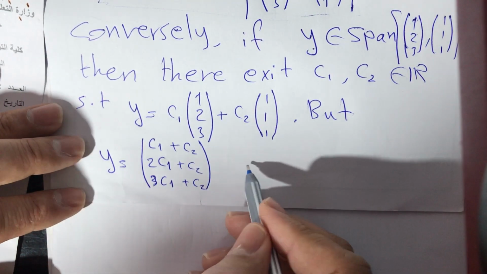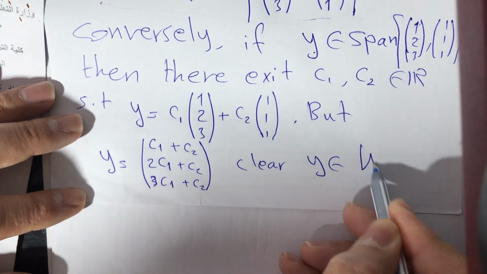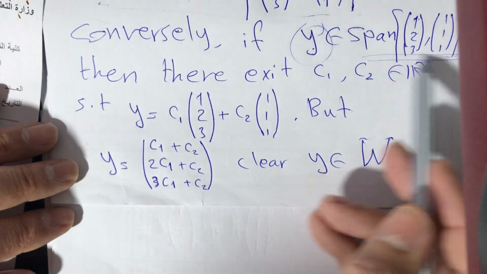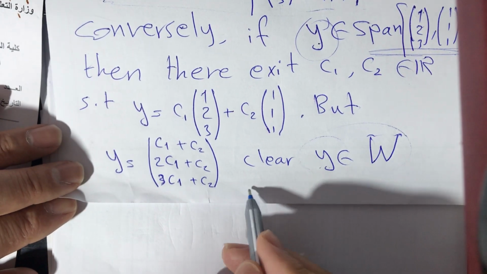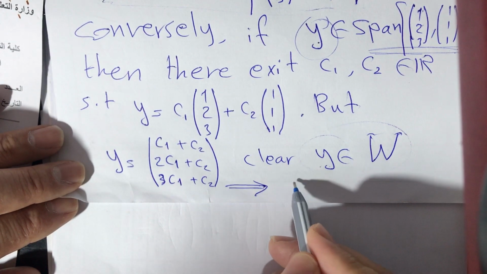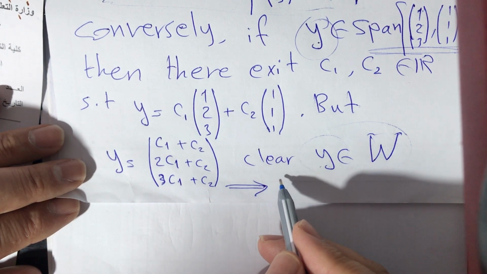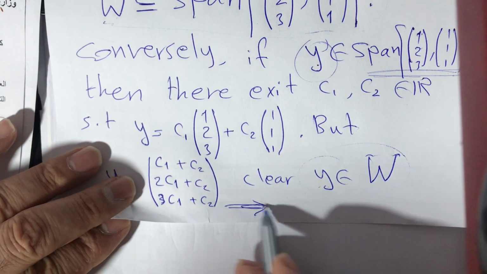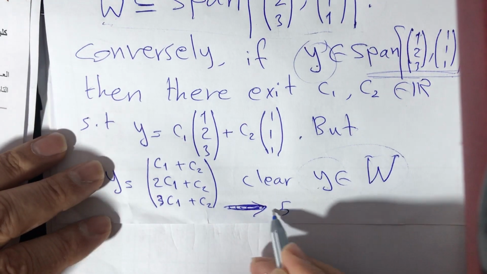And this is clear: Y belongs to W. We take Y in this span set and we get Y is in W. This implies the span of this set is a subset of W. Moving to another page, this is page number 5.